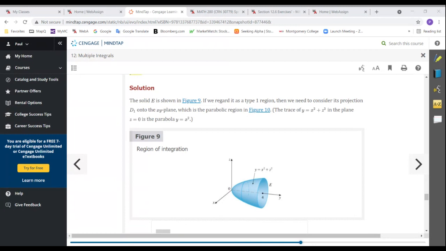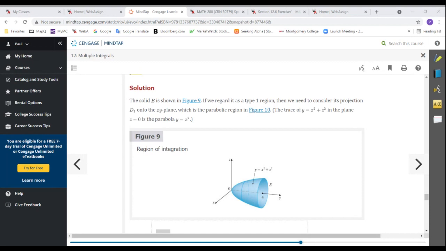Okay, so the surfaces here, what are the two surfaces in figure 9 that are bounding the solid? The paraboloid and the plane.